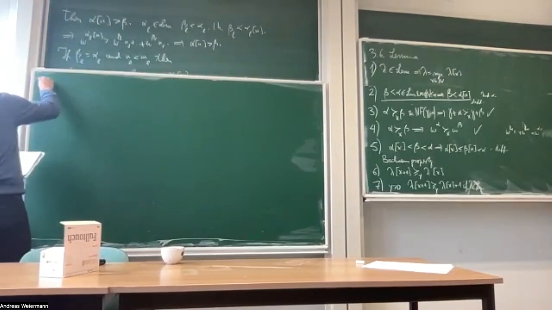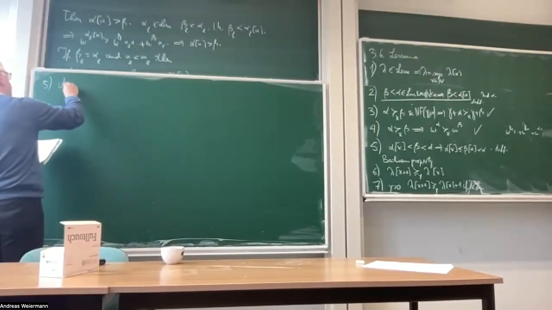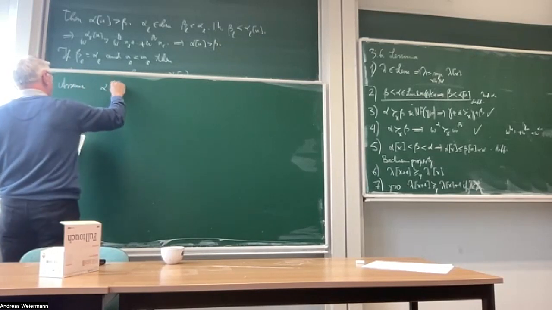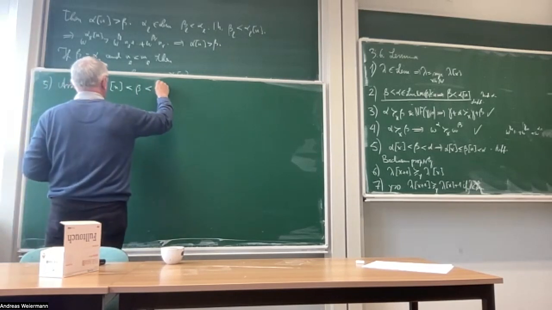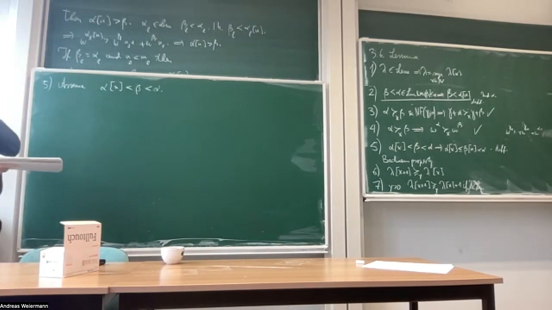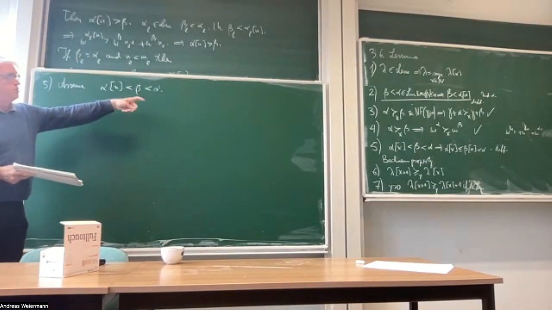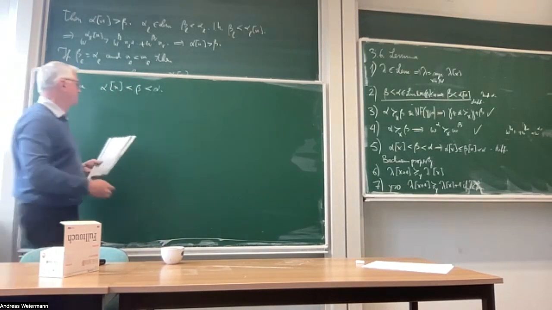Proof of 5. We assume alpha x smaller than beta, smaller than alpha. Now, if beta is a successor, then beta n is a predecessor. The predecessor will always be bigger than this one.